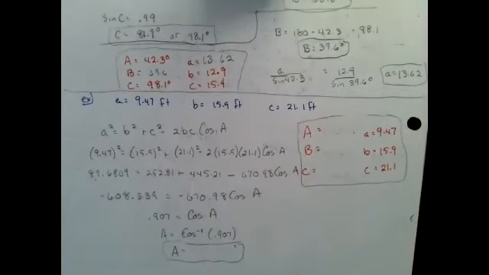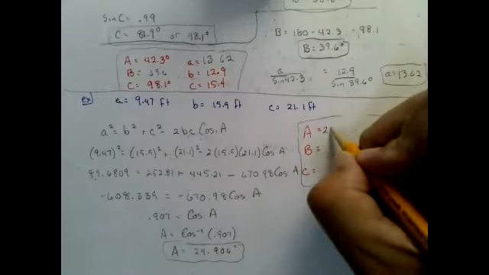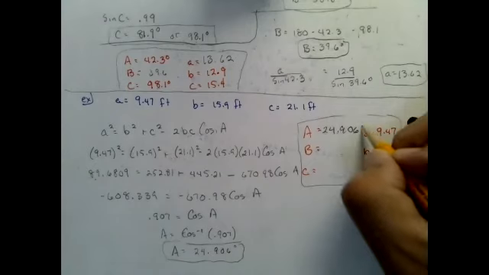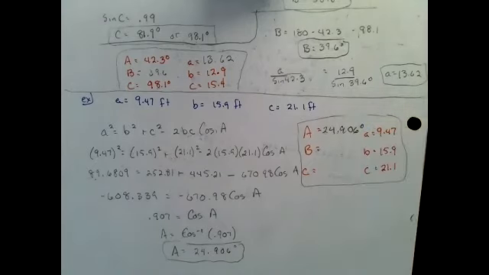The inverse cosine of 0.907 equals 24.906 degrees. But, Professor, did I mess up again?